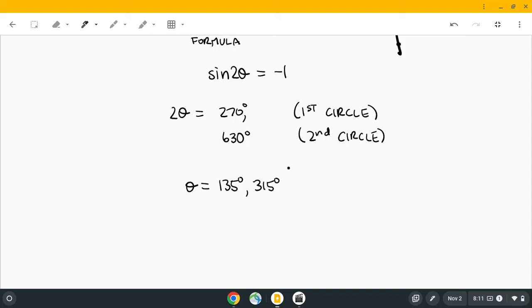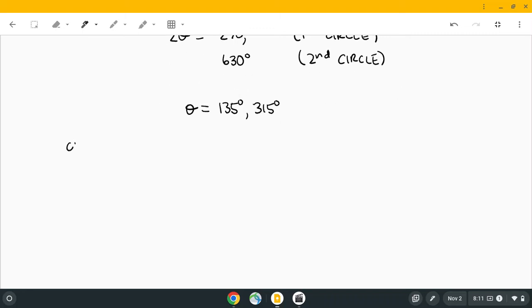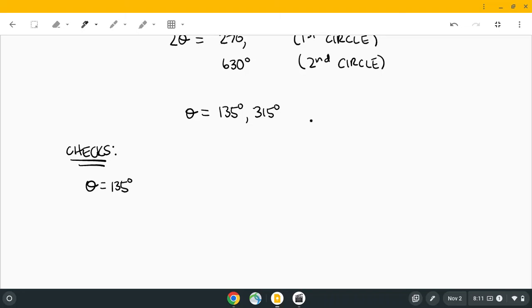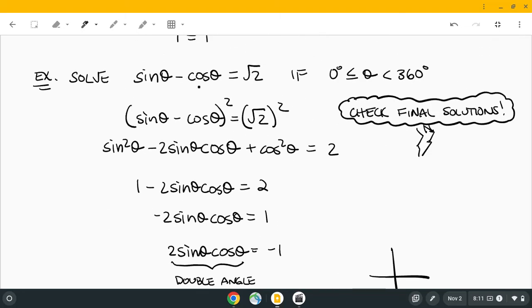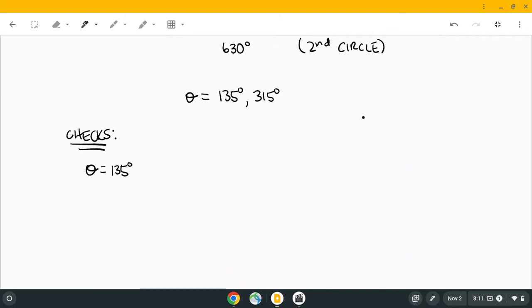But now we have to do our checks. Let's see if any of these are extraneous. Let's do 135 degrees. The original problem: sine minus cosine equals square root 2. Sine of 135 minus cosine 135, does this equal square root 2? Sine of 135 is over here, so sine is positive, square root 2 over 2.